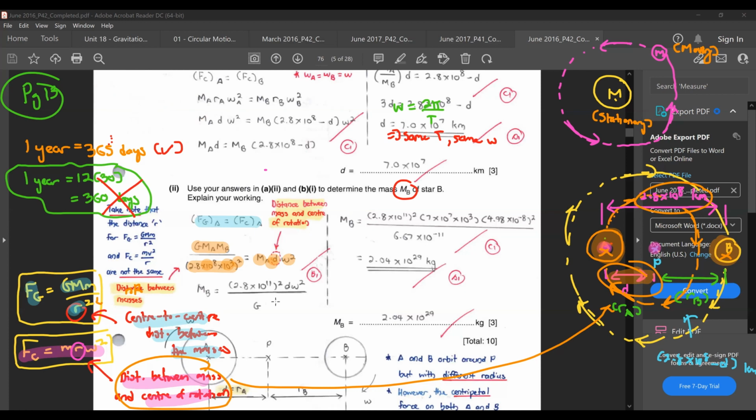Okay, so for your centripetal force, your R is your D, which you already found in the previous question. So you make use of that.